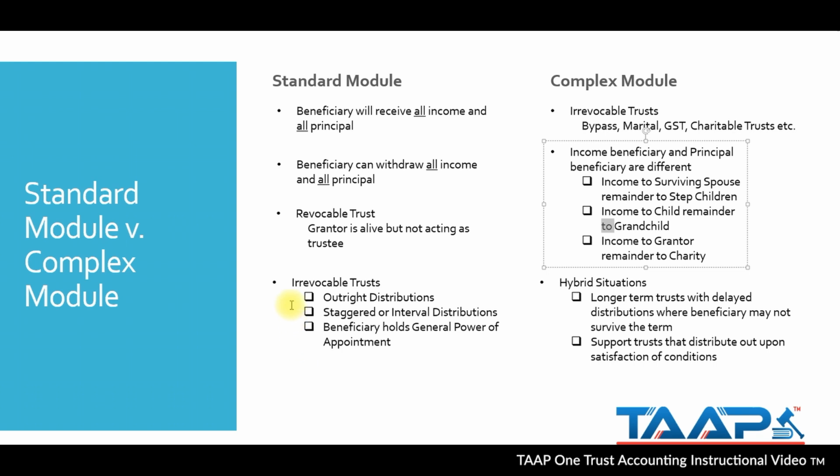Where you have outright distributions or staggered distributions, the likelihood of the primary beneficiary getting the entire share in a relatively short time is great.